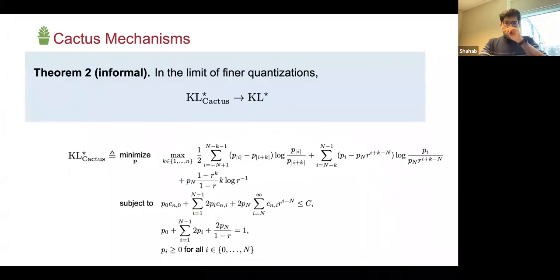Okay, so the result is that if you look at this quantized optimization problem, and let's call the value KL star Cactus, we show that the value of this quantized optimization actually converges to KL star, which was the original optimization problem that we had.